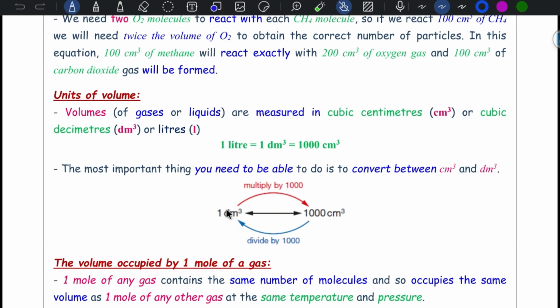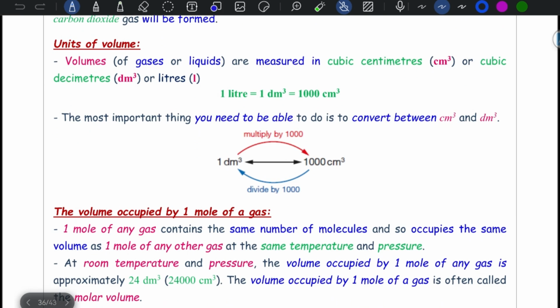To convert from cubic decimeter to cubic centimeter, you have to multiply by 1000. And to convert from cubic centimeter to cubic decimeter, you have to divide by 1000. The most important thing is that you need to convert them.